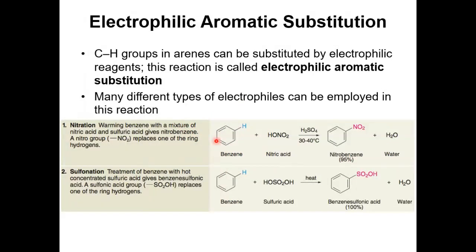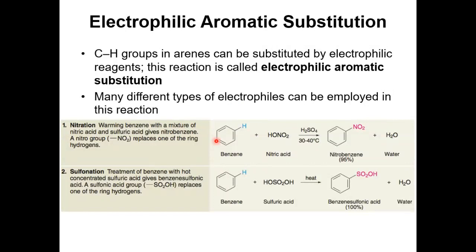We're using this one example because plain benzene has 6 hydrogens, so you don't have a question of which hydrogen gets substituted. That makes the reaction simpler to study. Then let's look at what kind of electrophilic reagents we can have.